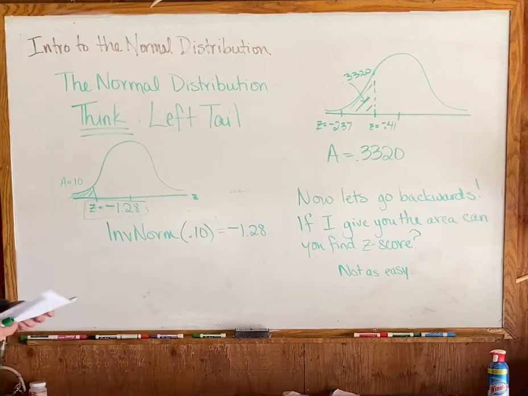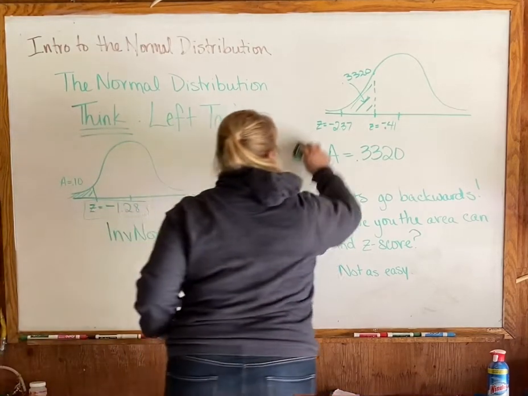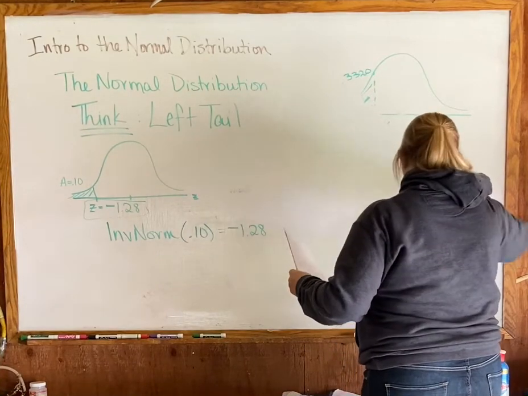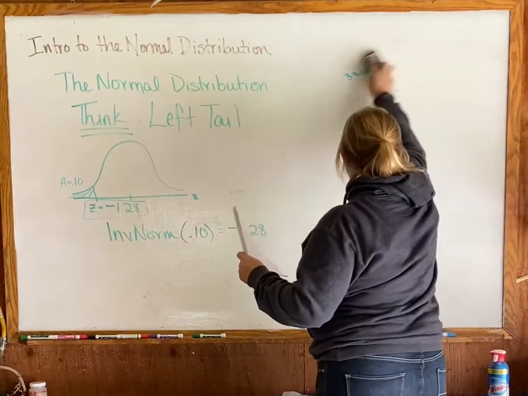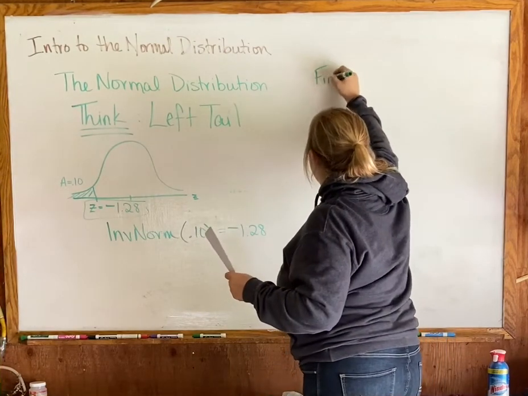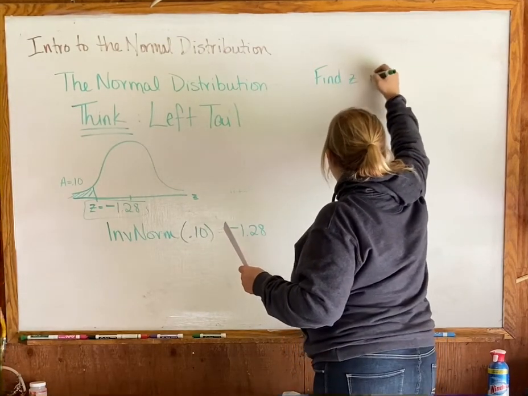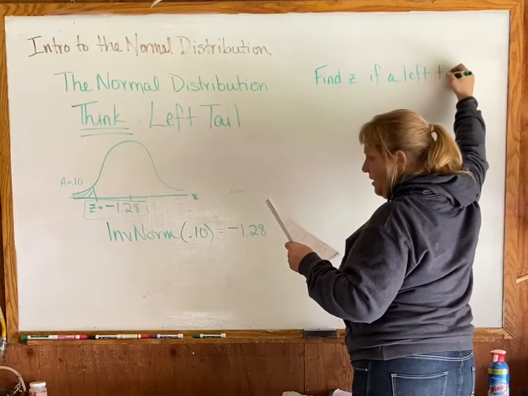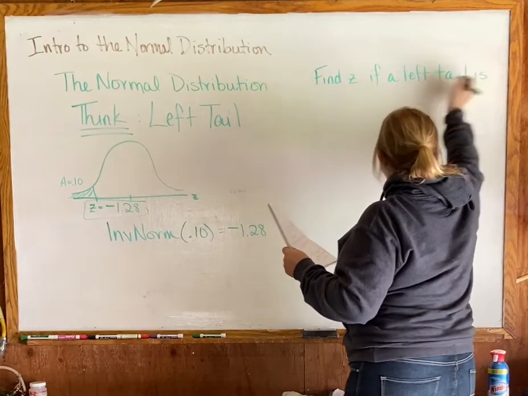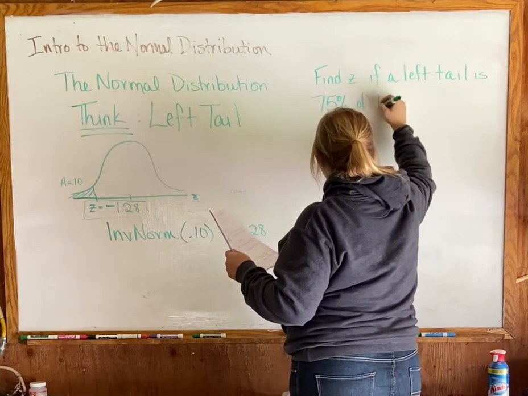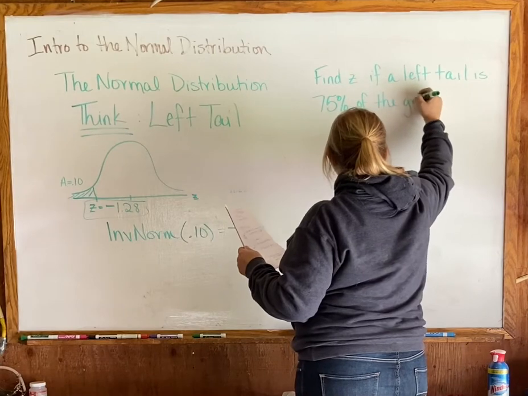So let's see what happens if we look at one that's not set up perfectly. Oh, actually, we're still going to look at one that's set up the same way. All right. So this says find z if a left tail is 75% of the graph.